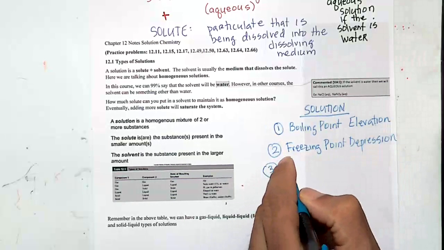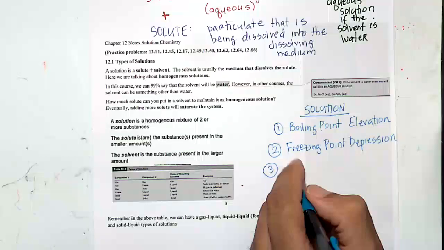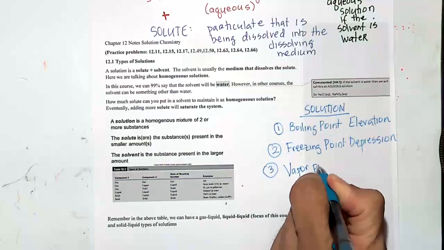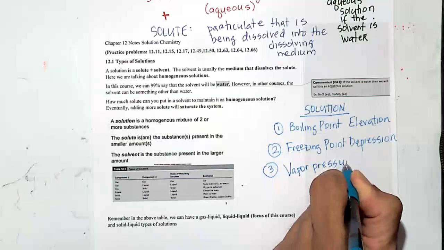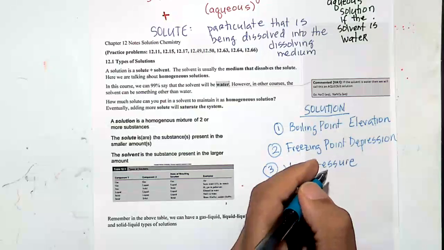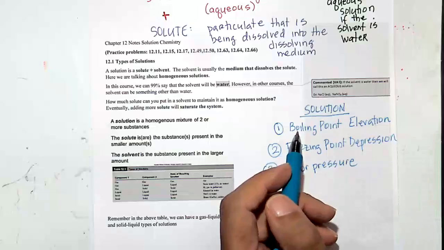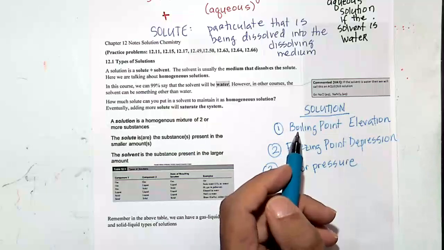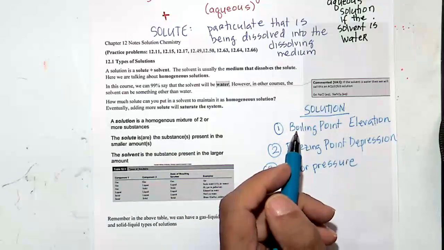Okay. What will happen to my vapor pressure? Will it go higher or lower? Or will it stay the same? Well, it's not going to stay the same. The question is, will it go higher or lower? More molecules, more intermolecular forces to overcome when you add this.